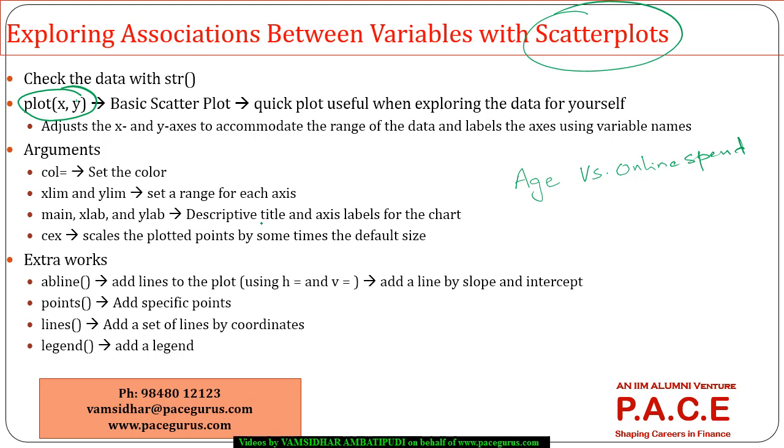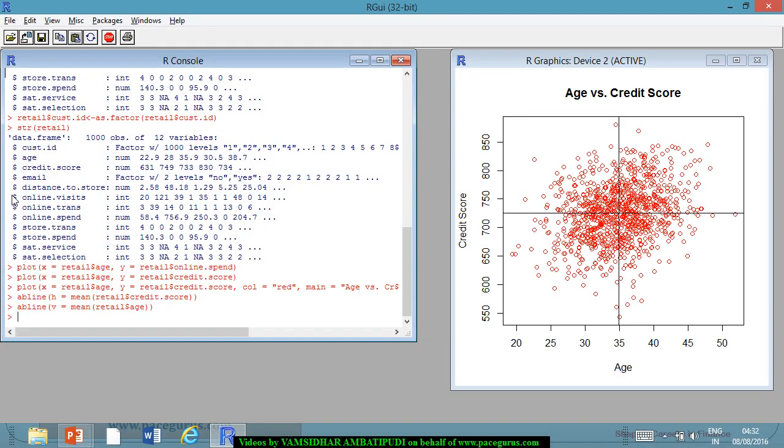In some cases I can use cex. cex scales the plot symbols relative to their natural size. If you put a value less than 1, they become that fraction of the original. If you put a cex value greater than 1, the plot symbols would be increased by that extent. So that's one more thing we can look at.